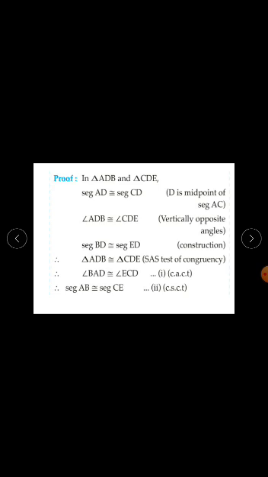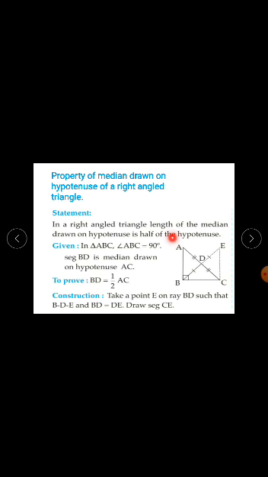Now, proof. In triangle ADB and triangle CDE, seg AD is congruent to seg CD. Reason: D is the midpoint of seg AC.